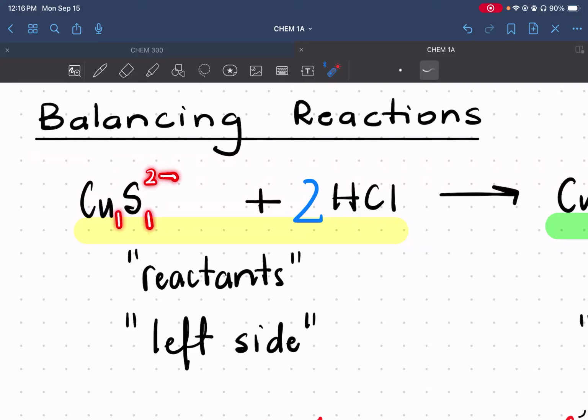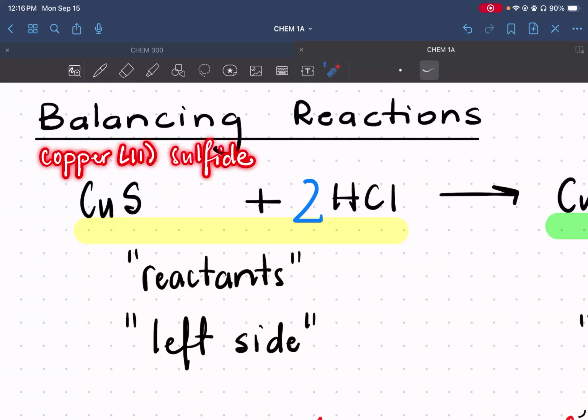Since we know there is only one of each atom, one copper and one sulfur, this tells us directly that the copper must be 2 plus. As Elena pointed out, technically the correct name for this molecule is copper 2 sulfide, and when writing, I would include the Roman numerals. But when just speaking casually, especially in a lecture, I'm just going to say copper sulfide because you should have enough information to figure out the charge.